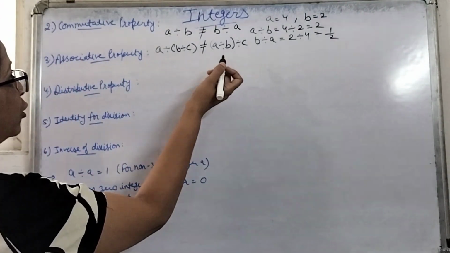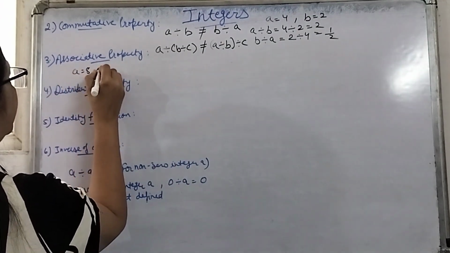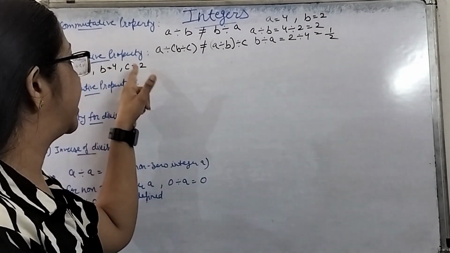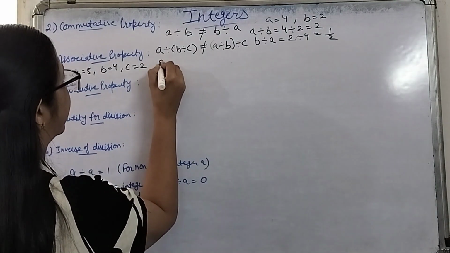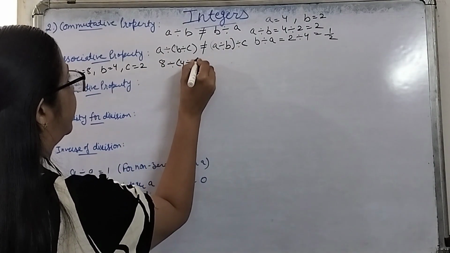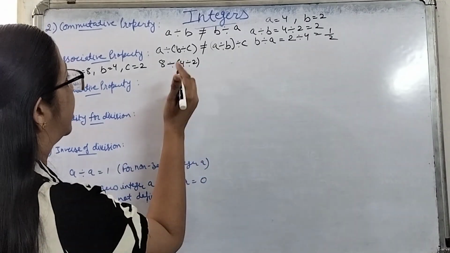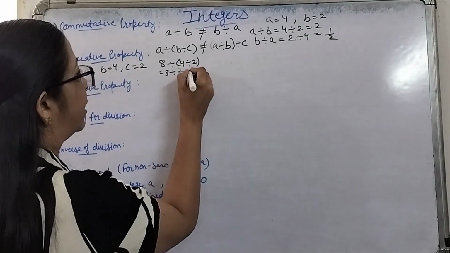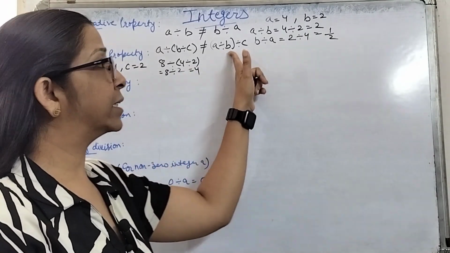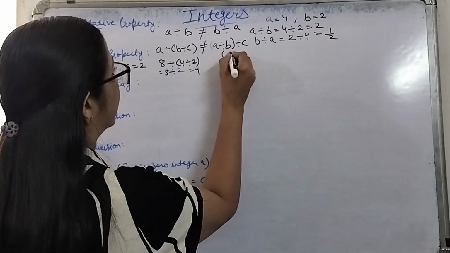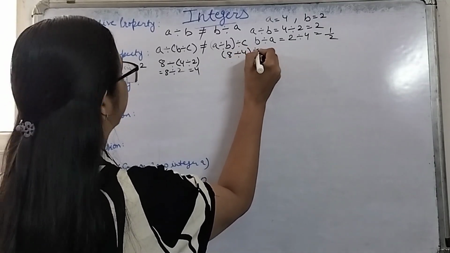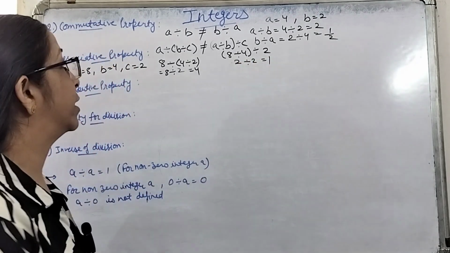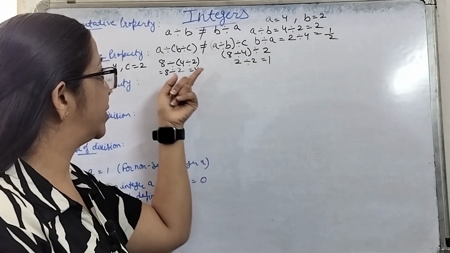Suppose we take the value of a as 8, b as 4 and c as 2. Then the LHS part will be 8 divided by 4, divided by 2. 8 divided by 4 will be 2, and 2 divided by 2 will be 1. Now taking the RHS part, 8 divided by (4 divided by 2): 4 divided by 2 will be 2, and 8 divided by 2 will be 4. So the LHS value is 1 and the RHS value is 4.